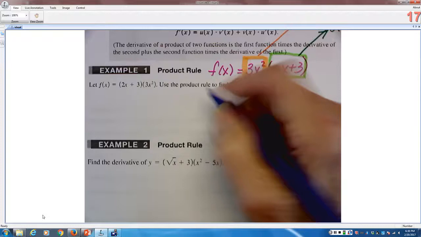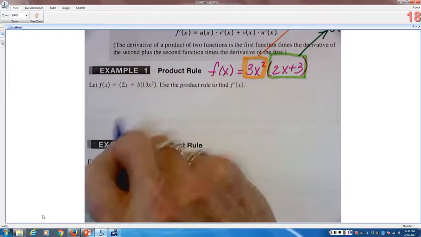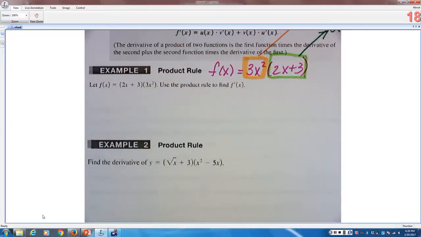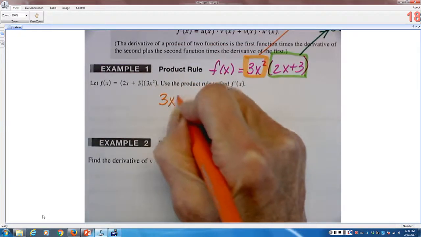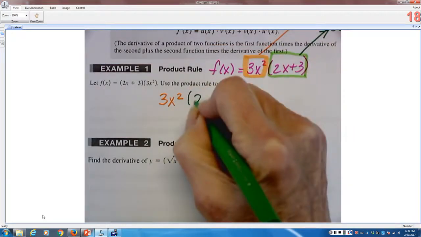So when we find the product rule, they're using u and v. You can use whatever you want. I'm going to use the orange function times the derivative of the green function, which is 2.